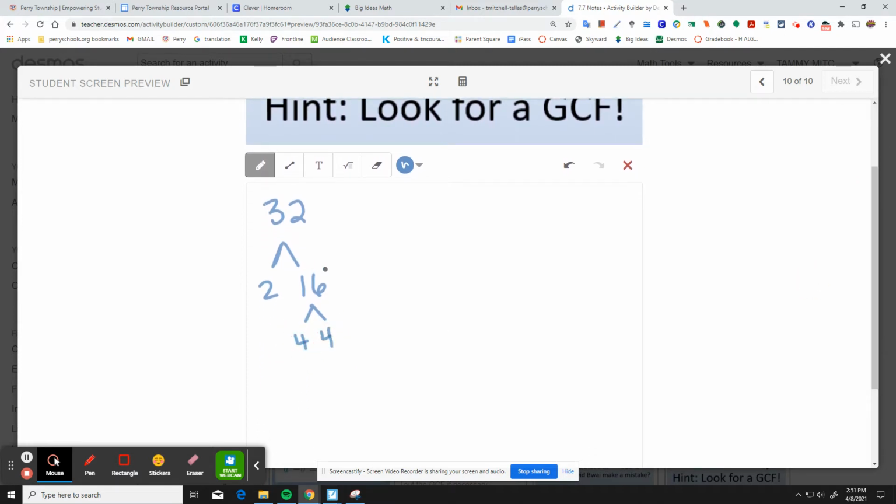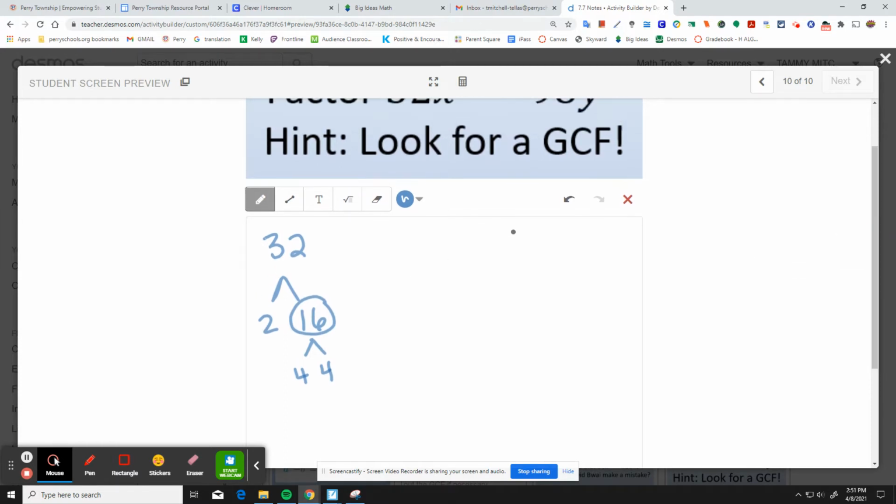So I know that this is a perfect square. And 98, let's see. 98 is 2 and 49. 49 is 7 and 7, and that's a perfect square. So these two things are perfect squares, so it looks like I can take out a 2 from both of those, and that would make it much easier for me to solve this.